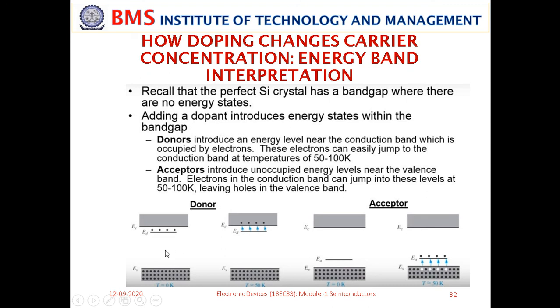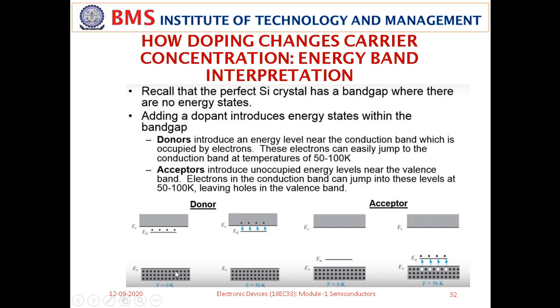Okay, so this is at 0 Kelvin. What you are seeing here, at 50 Kelvin, is that this electron has got sufficient energy. It gets excited and moves into the conduction band. Since the conduction band has a lot of empty states, this electron can easily move into the conduction band.